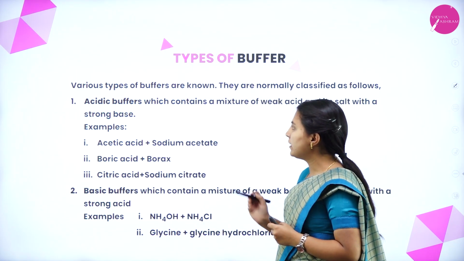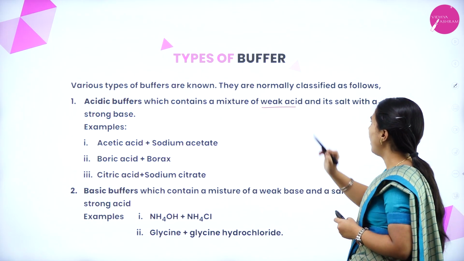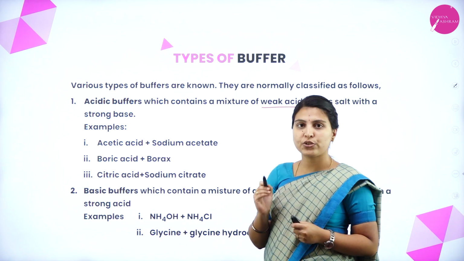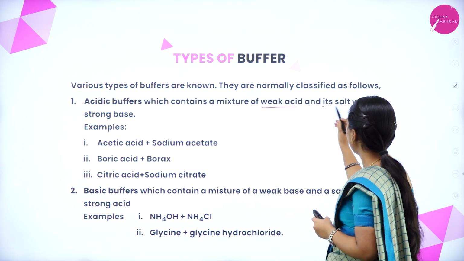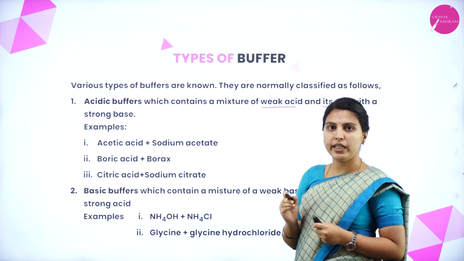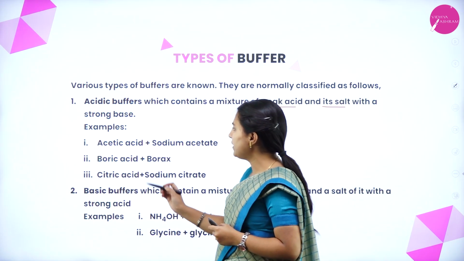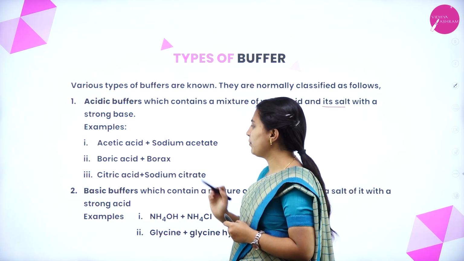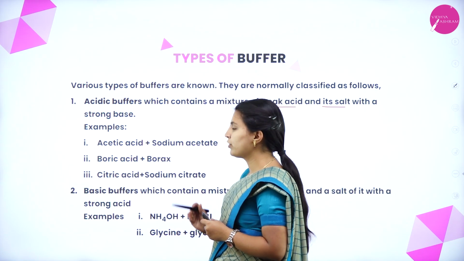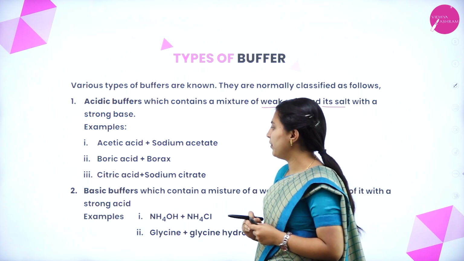Acidic buffers contain a mixture of a weak acid and its salt with a strong base. Examples: acetic acid plus sodium acetate, boric acid plus borax, citric acid plus sodium citrate. These are the 3 examples of acidic buffers.